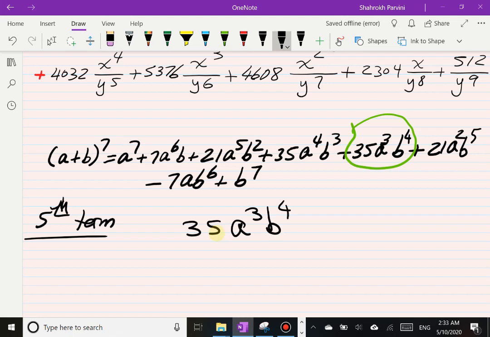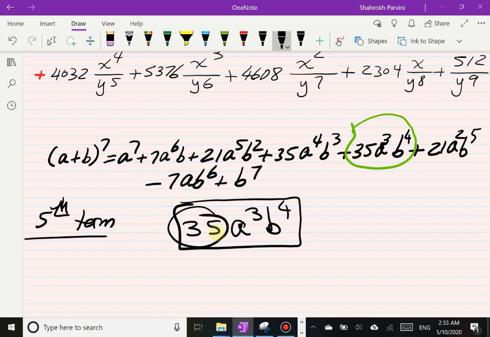Okay. Now, if the question asks find the 5th term, let's take a look at the pattern we see in the 5th term relative to a and b. Don't worry about this 35 for now. Now, for the 5th term, this is 5. Oops, sorry. This is 5 for the 5th term, right?